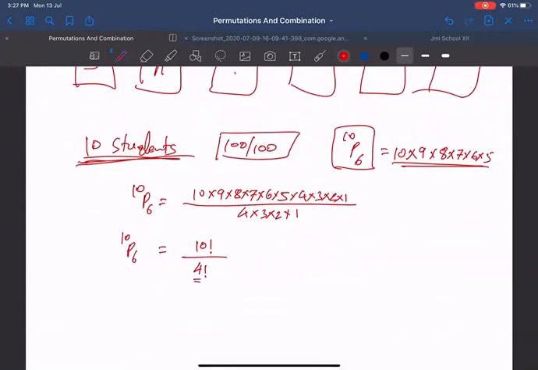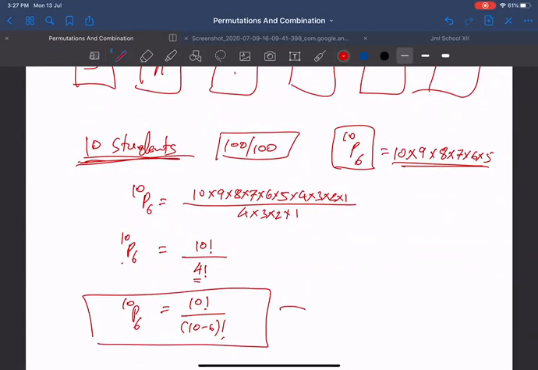But can you write 4 in terms of 10 and 6? Yes sir. 10 factorial over (10 minus 6) factorial is 10P6, and generalizing, the formula becomes nPr is equal to n factorial over (n minus r) factorial.